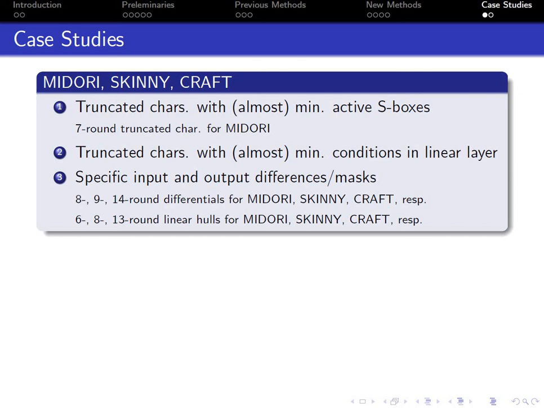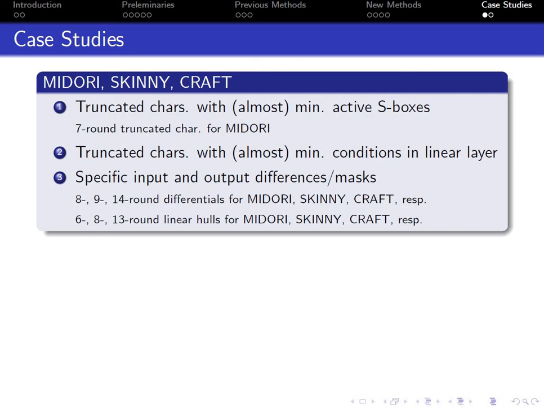Then again, we repeat computing truncated characteristics with activity patterns with minimum conditions in the linear layer. In other words, the activity patterns suggested by Moriai et al.'s method. Then in the third step, we compute the differentials within these activity patterns, and we found 8-round differentials for MIDORI, 9-round for Skinny, and 14-round for CRAFT.